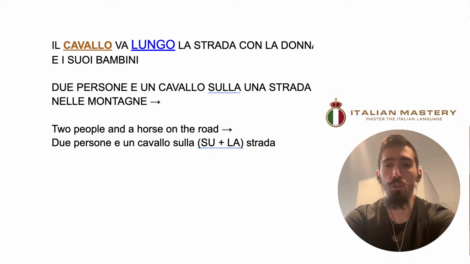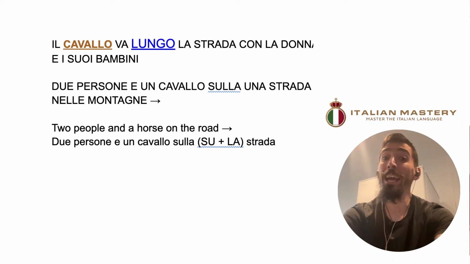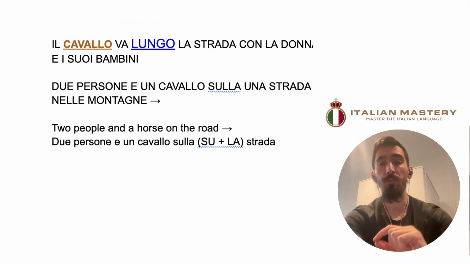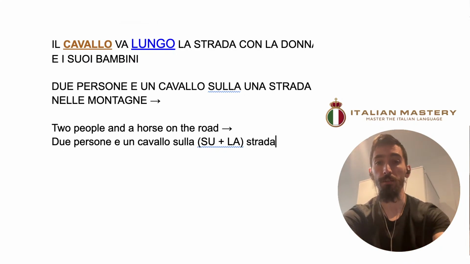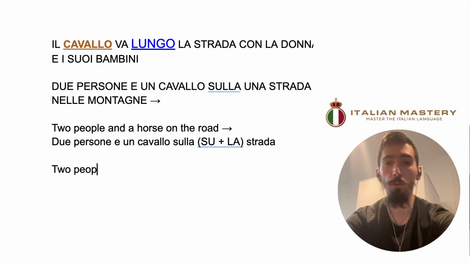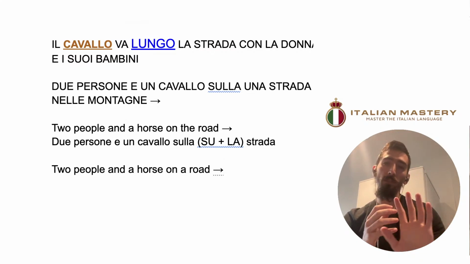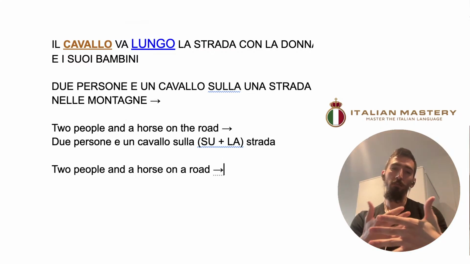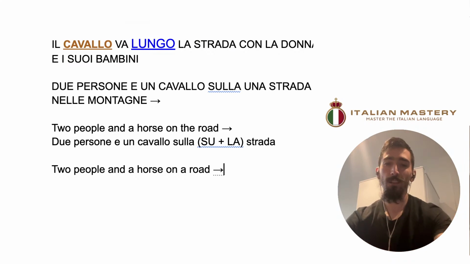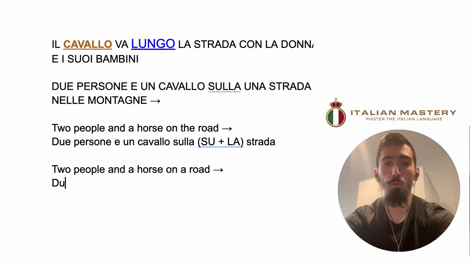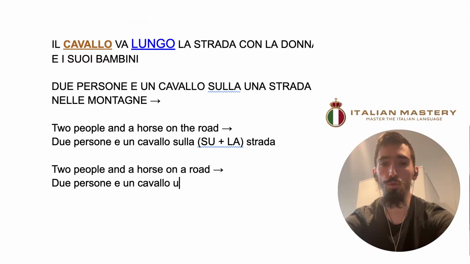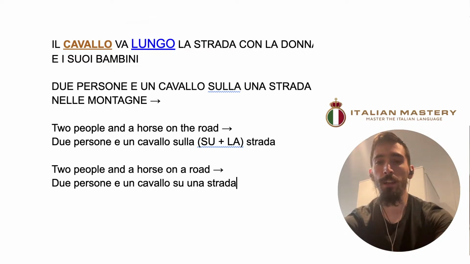Now, if you want to say two people and a horse on a road, in other words, if you want to use the indefinite article, this is even more descriptive, creating even more distance. On a road, then: due persone e un cavallo su una strada.